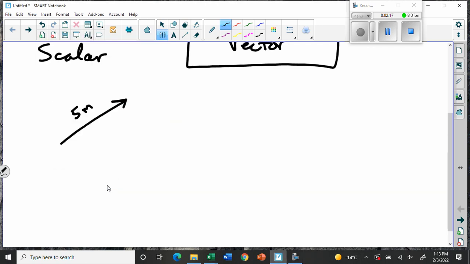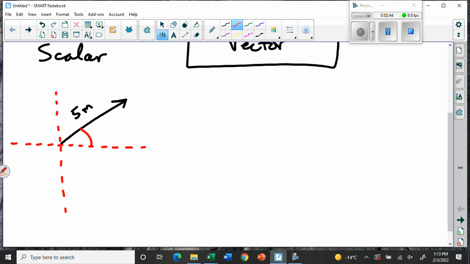Okay, we want to know, for instance, which way this is going more specifically than the direction it's pointed. We could describe that direction by using an angle. So what we could do is set up an axis system here, a reference frame. Remember we talked about reference frames. And we could measure this angle right here.